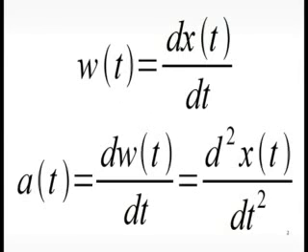Acceleration is the rate of change of the speed, or a equals dw over dt, or d squared x over dt squared. Acceleration being the time derivative of velocity and velocity being the time derivative of position, we can call acceleration the double time derivative of position.